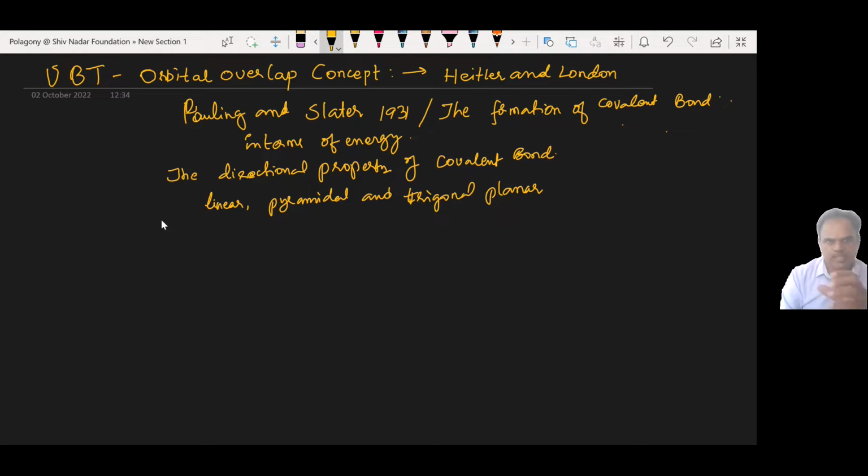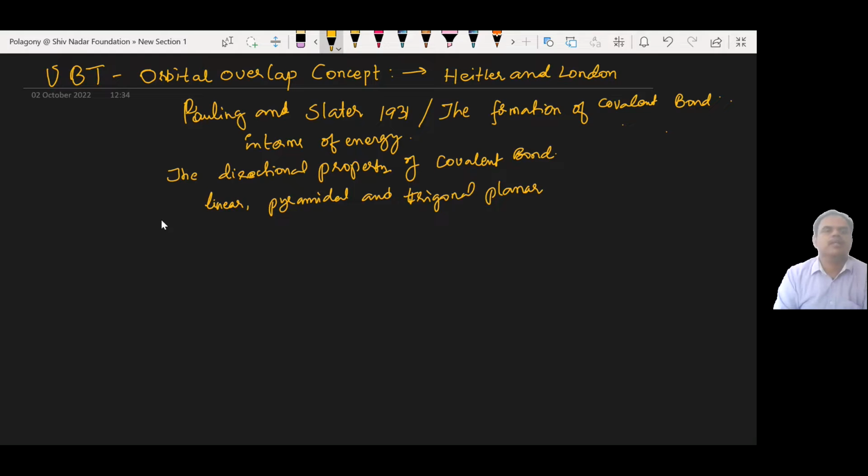So the valence bond theory was proposed by Heitler and London, and modified by Pauling and Slater in 1931. This theory purely explains the formation of a covalent bond in terms of energy changes, and also explains the directional properties of the covalent bond.